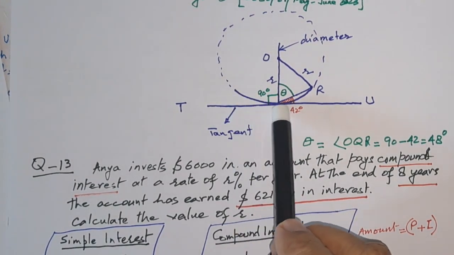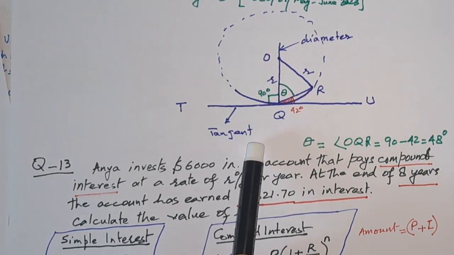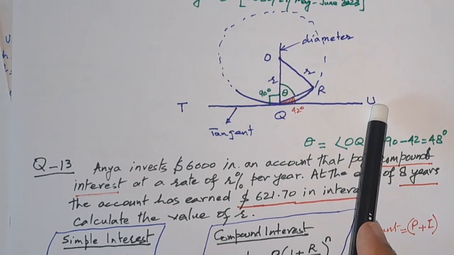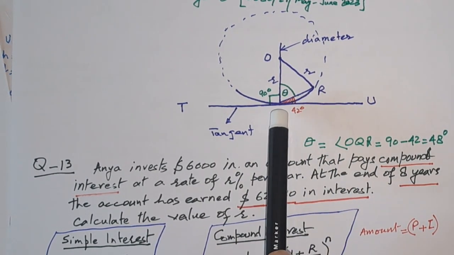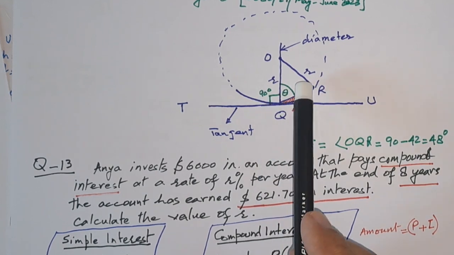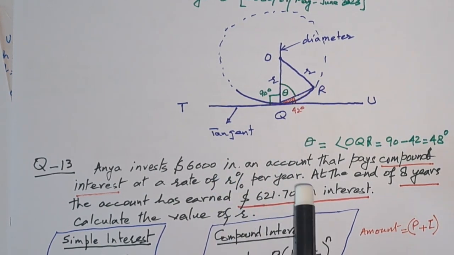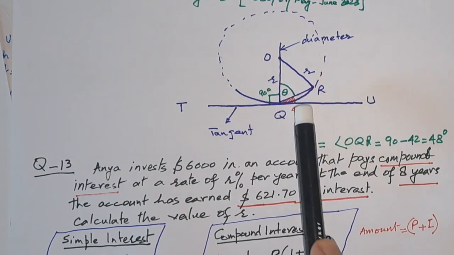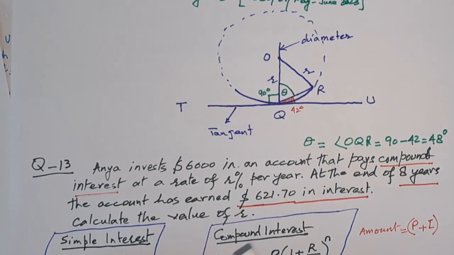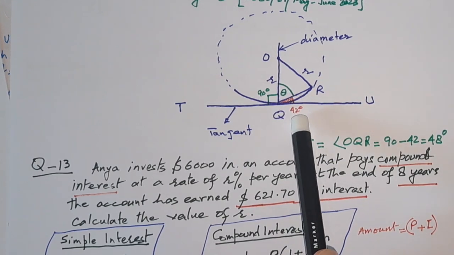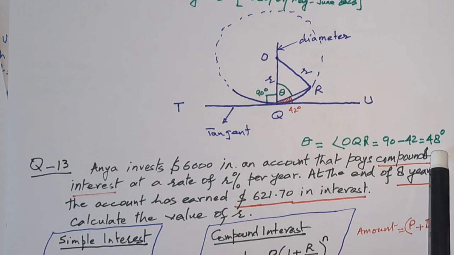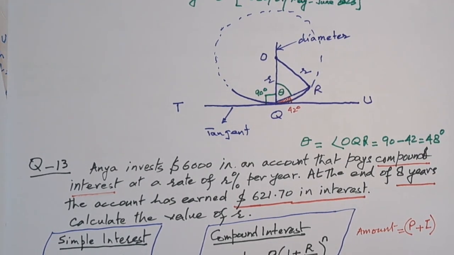I made this diagram separately just to explain that if TQU is tangent to the circle at Q, then this angle is 90 degrees and this angle is also 90 degrees. Now we work out angle theta. If this angle is 90 degrees, then theta plus 42 will be 90 degrees and theta will be 90 minus 42, which is equal to 48 degrees.